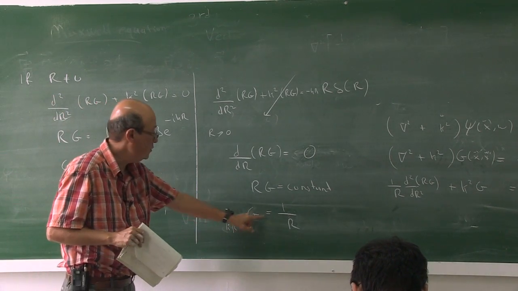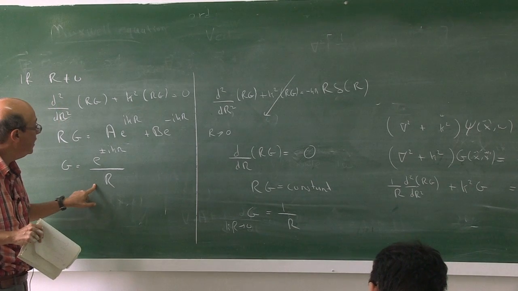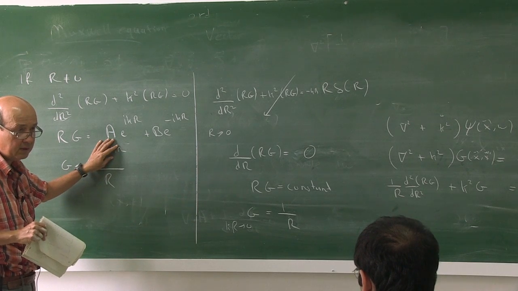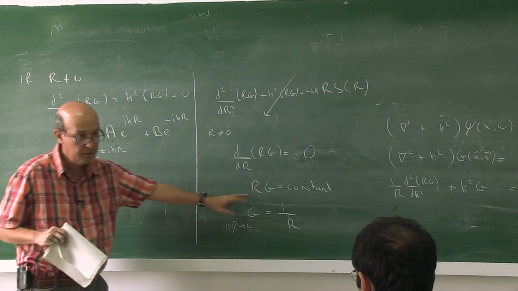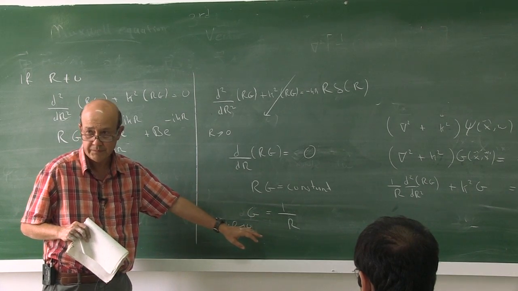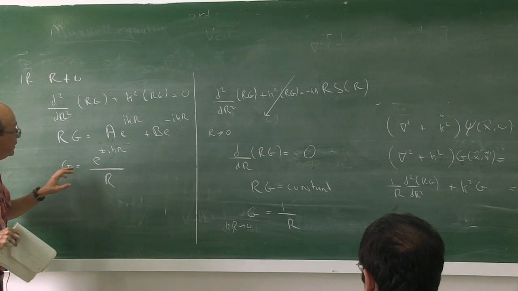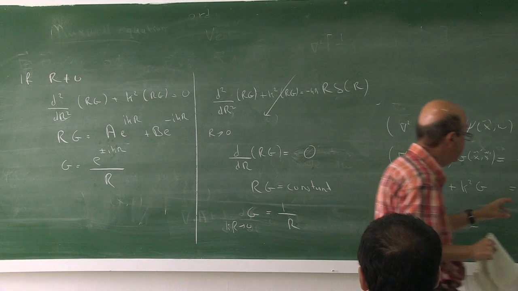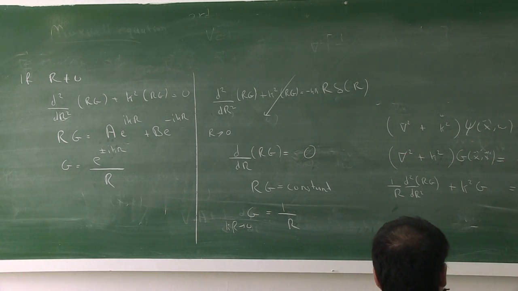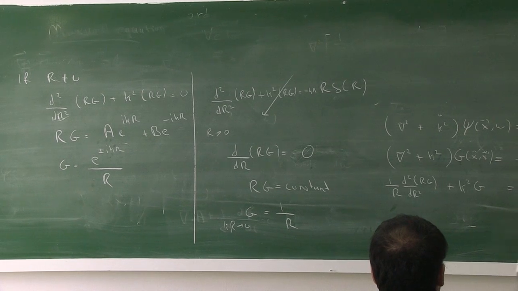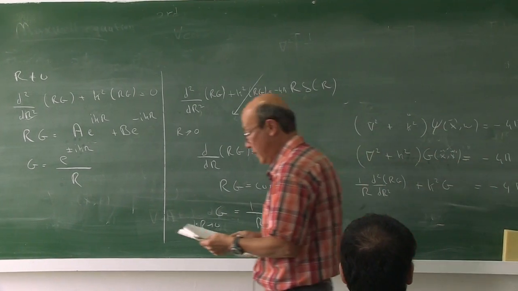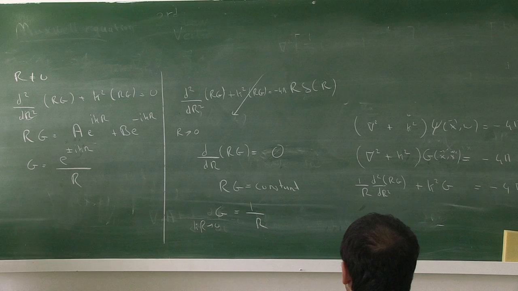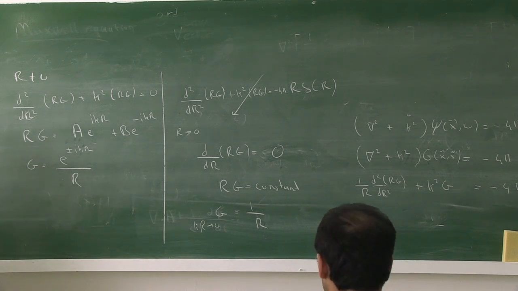So both solutions are consistent when kr goes to 0, because when kr goes to 0, this drops to 1. This is 1 over r, and consistent with this one. Okay? So I'll take the full solution in that form, because it satisfies both cases, when the delta function is not equal to 0 and when it is equal to 0. So the presentation will be the following.